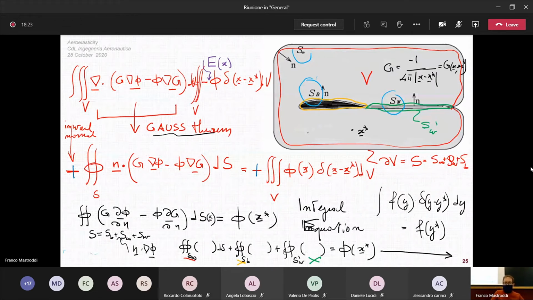This scalar function is a very simple function. Note that this integral is on the volume, and this function is equal to 1 if x belongs to the fluid volume, and 0 if x belongs to the body.